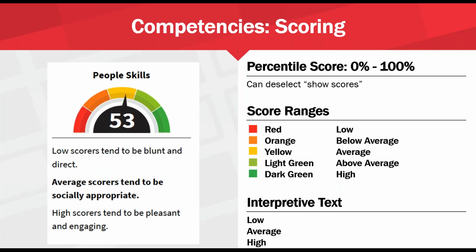The other thing that we've done is we've provided text that's driven off of the person's scores: low scores, average scores, and high scores. Instead of just displaying the text for that specific score, we chose in this report to actually bold the text that fits the score displayed on the screen.